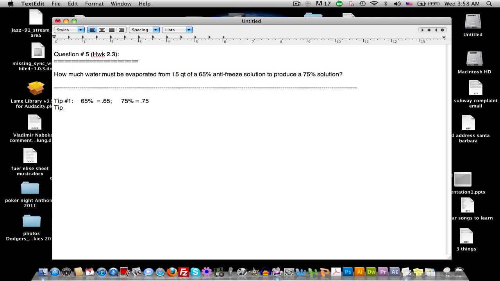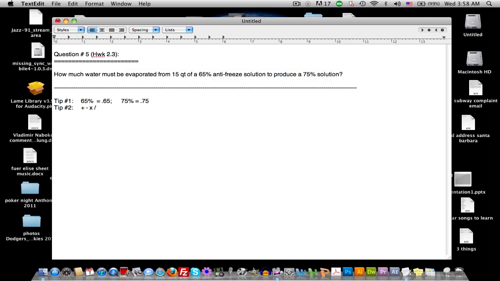Tip number 2 that you need to know is that when we're talking about operations, you have basic operations: addition, subtraction, multiplication, and division.